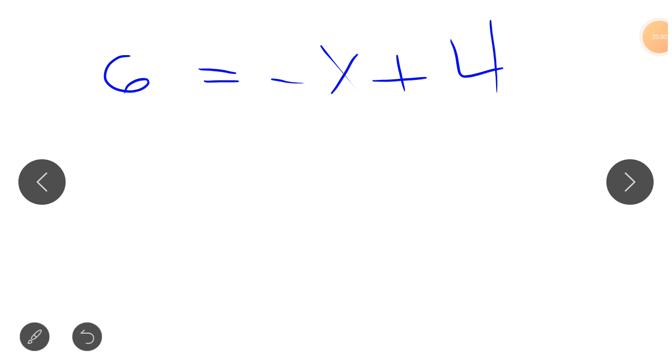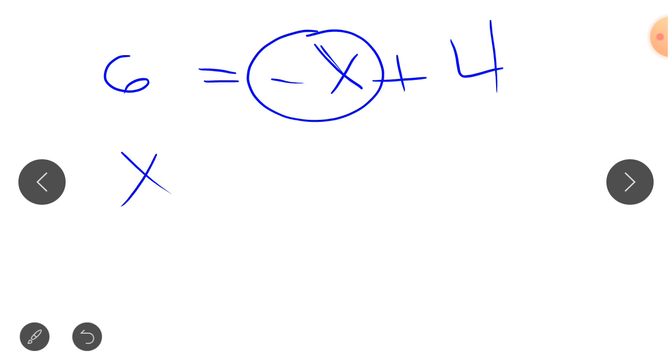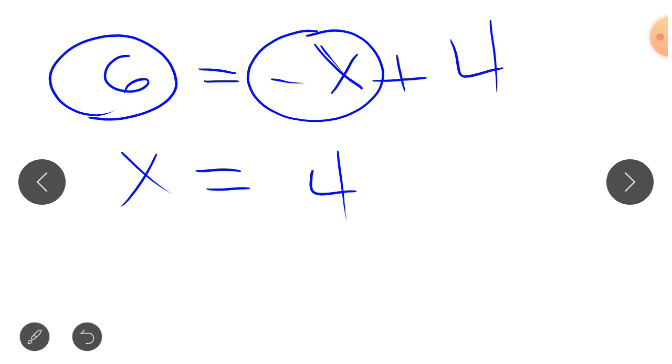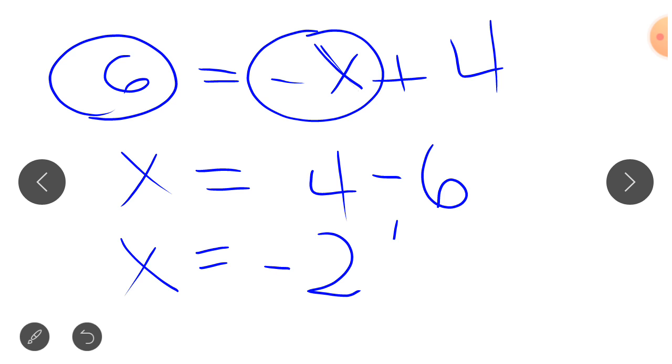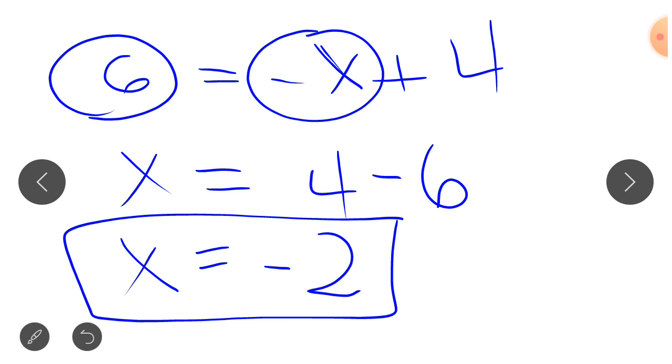Then we want to find x, so we transpose x to the other side to make it positive. So it will become x, and we transpose this on the other side so it will become negative. So copy 4, then 6 will become negative 6. So x equals 4 minus 6, negative 2. So therefore x equals negative 2.